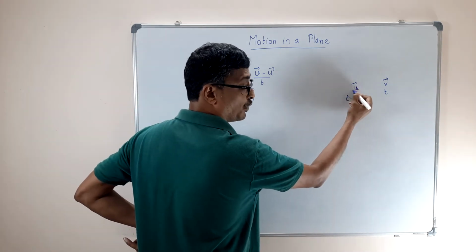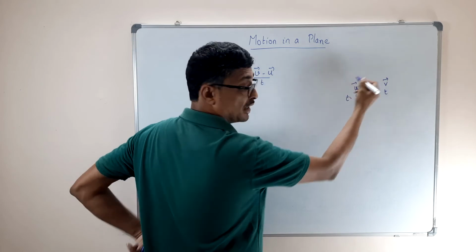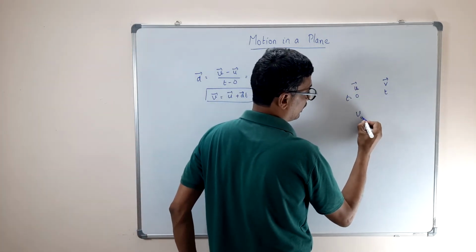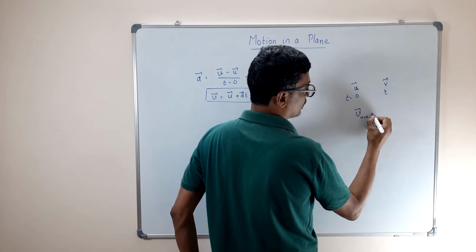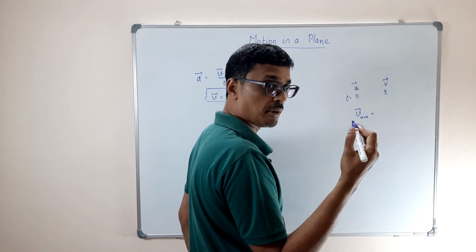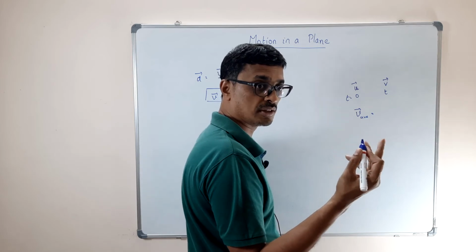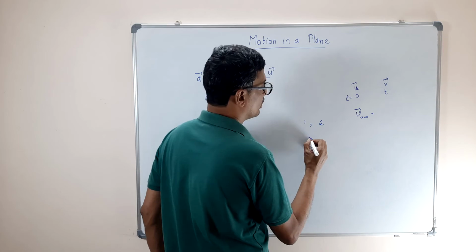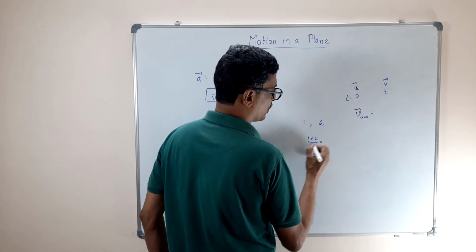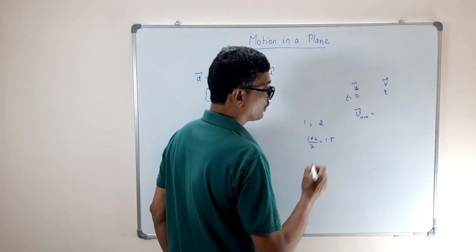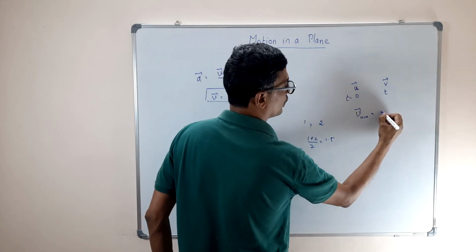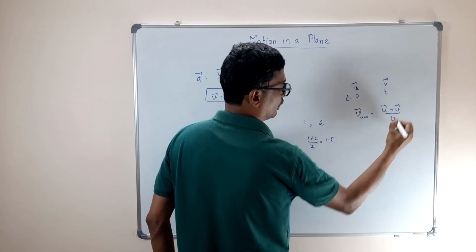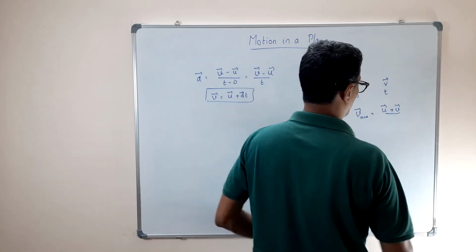Initial velocity is u and the final velocity is v after time t. Then you can define an average velocity, v average. Do you remember in mathematics when you take the average of two numbers? If I give the average of 1 and 2, what is it? 1 plus 2 divided by 2, that's equal to 1.5. Similarly, take the average velocity: u vector plus v vector, divided by 2.